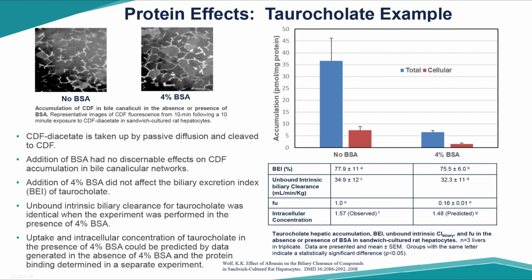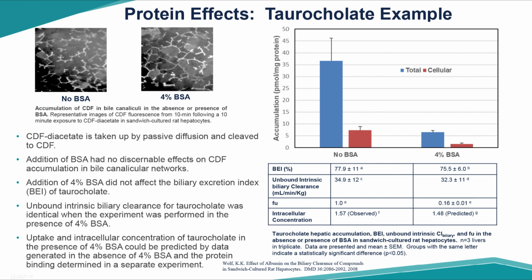So we looked at this, and the first compound we looked at was Taurocholate. We wanted to make sure that the protein wasn't somehow affecting the physiology of the hepatocytes, so we looked at carboxydichlorofluorescein diacetate, which is taken up by passive diffusion, cleaved, and excreted into these bile pockets.